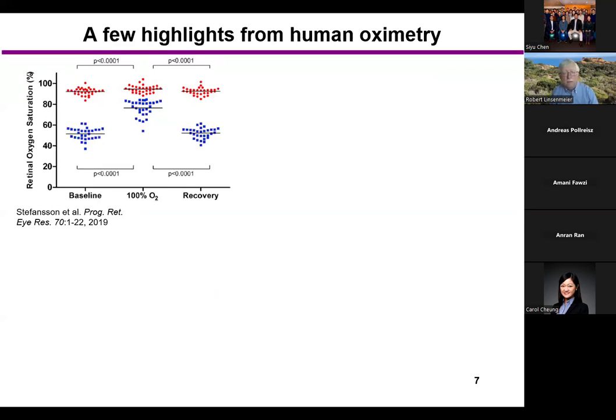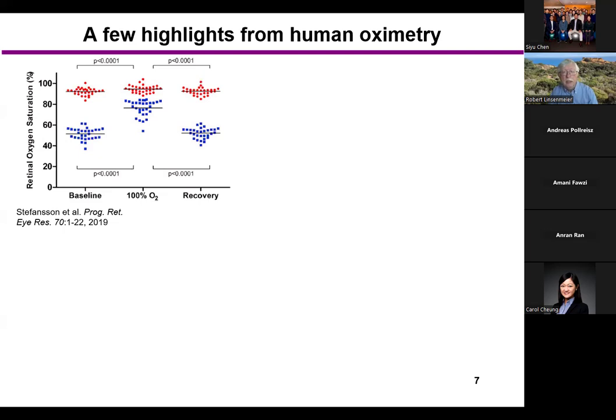One is to look at what happens during breathing of 100% oxygen. And what you see here is that, as I said, the arterial saturation is high and the venous saturation is around 50 or 55%. When you breathe oxygen, the venous value goes up, but of course, the arterial value, which was mostly saturated to begin with, hardly changes.